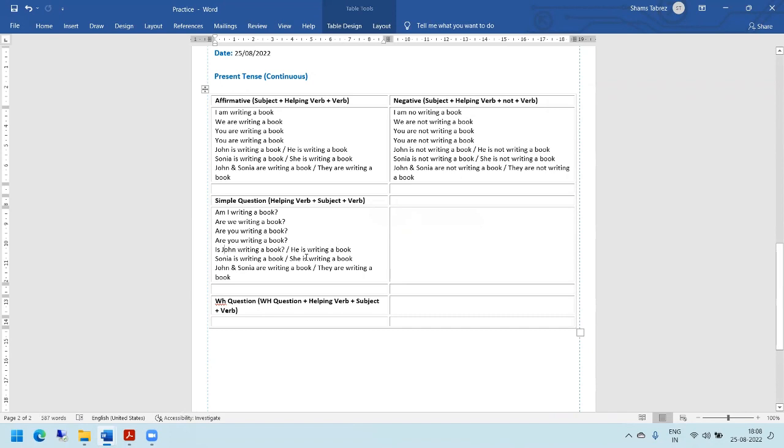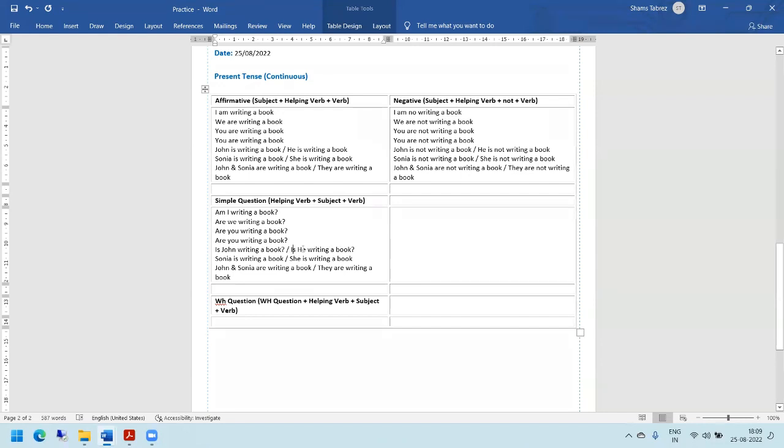That's why. Now, what about this one? Is he writing a book? So should H be capital or small here? So this H should be capital or small because it is starting with is. Is he writing a book?